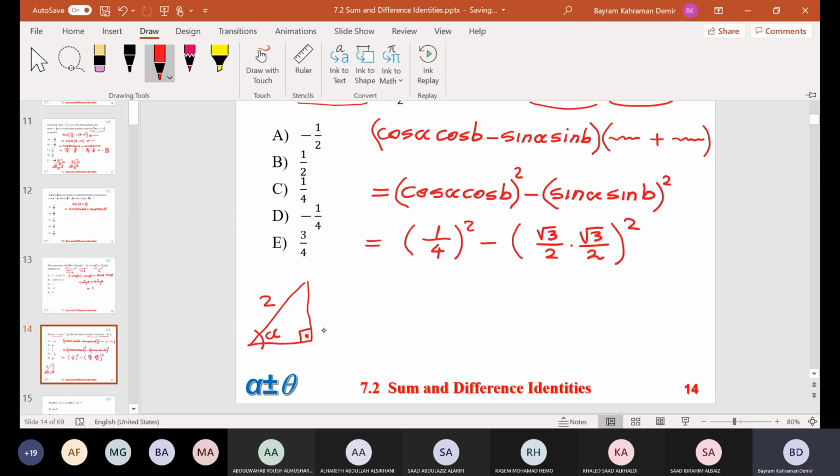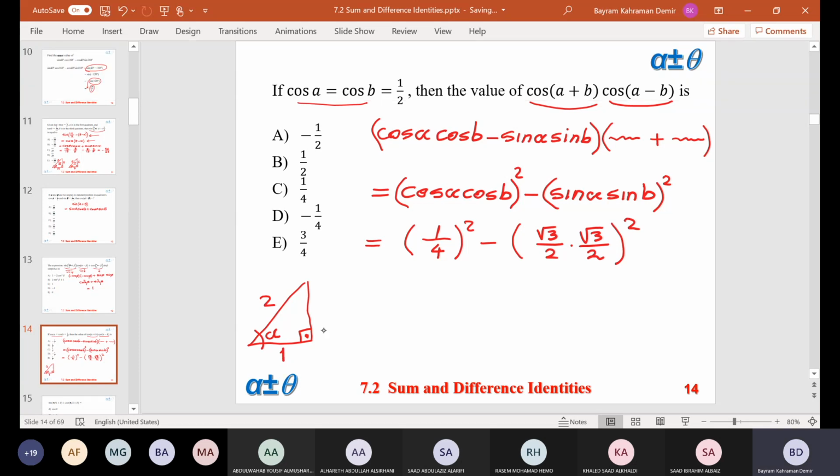So since it is cosine, 1 is here, Shabab, 1 is here, and root 3 is here. Okay, perfect. Thank you very much, Shabab. So sine A and sine B will be basically root 3 over 2, and the other is also root 3 over 2.